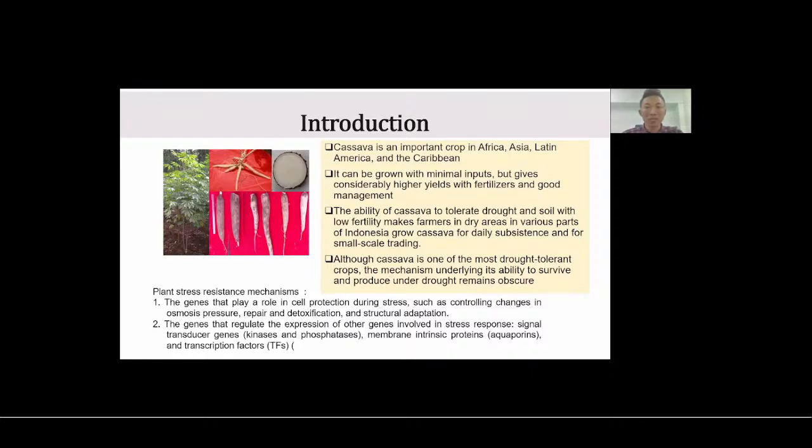Although cassava is one of the most tolerant crops, the mechanism underlying its ability to survive and produce under drought remains unclear. The drought resistance mechanism consists of, first, the genes that play a role in cell protection under stress, controlling gene expression, repair and detoxification, and adaptation.